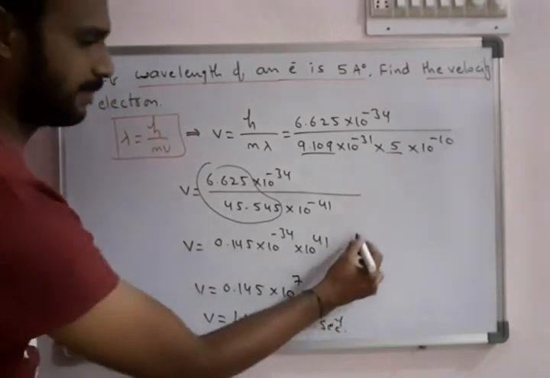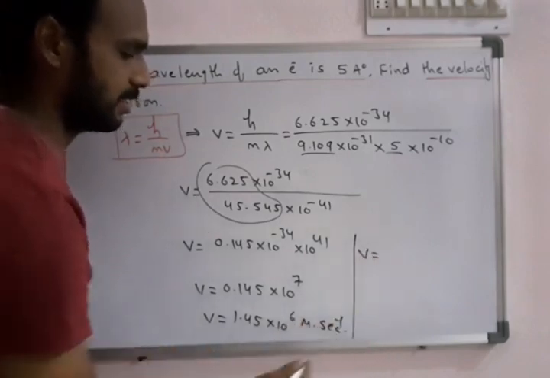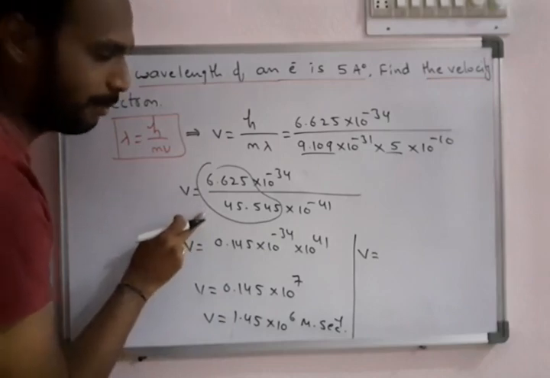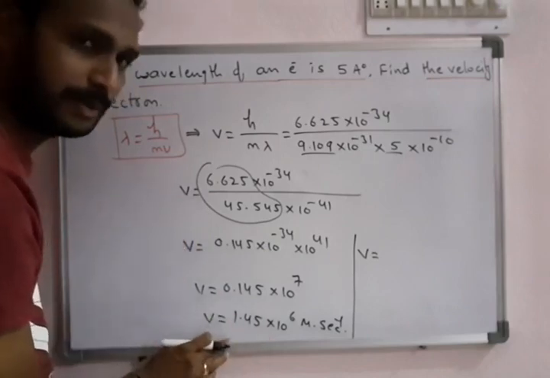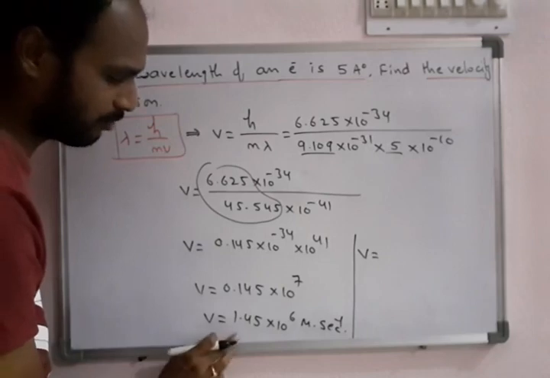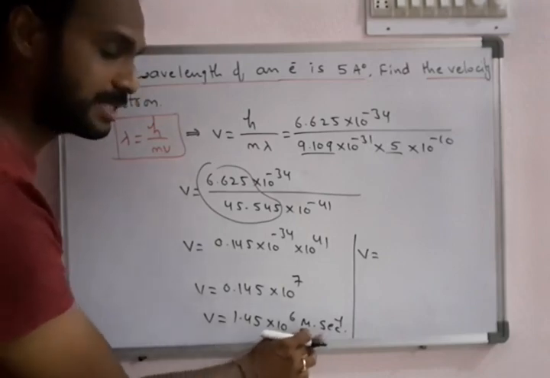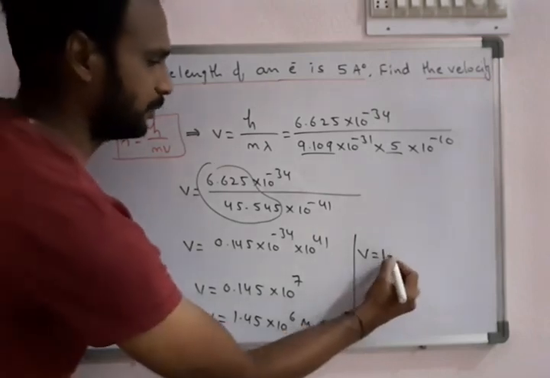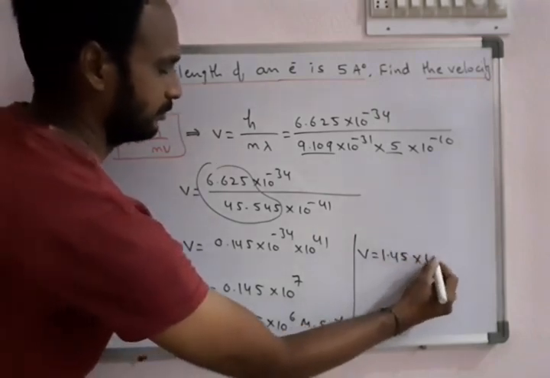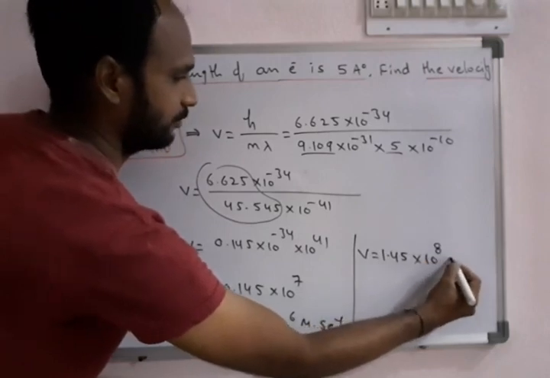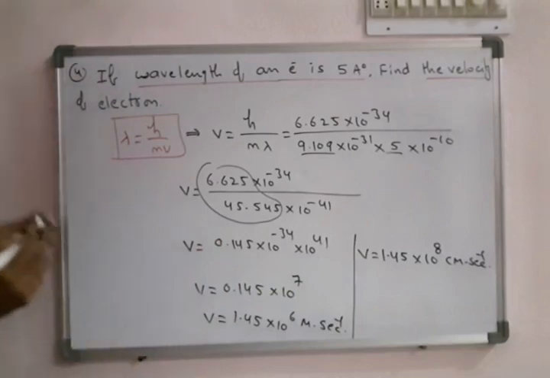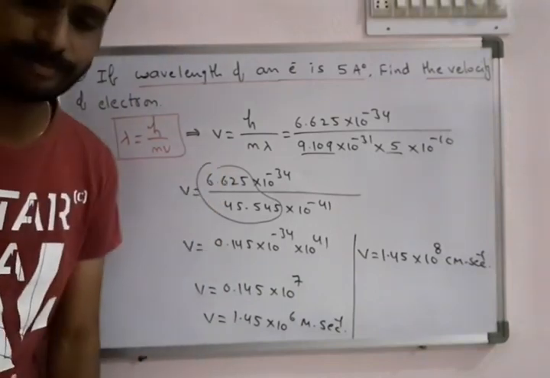Sometimes it may be given in terms of centimeters. We are calculating totally in SI method, but sometimes in the multiple choice answers, there may not be 1.45 into 10 power 6 meters per second. The value may be in centimeters, so we need to convert meters into centimeters per second. Okay, take it.